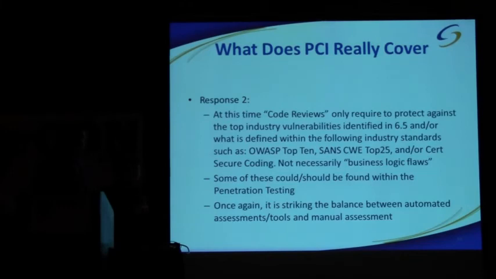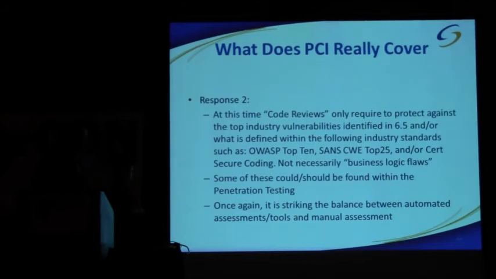So my response to this whole argument is, all these different tools or assessments are supposed to be looking for one thing. You're supposed to be looking for vulnerabilities identified within requirement 6.5. These requirements are tied to the OWASP Top 10.